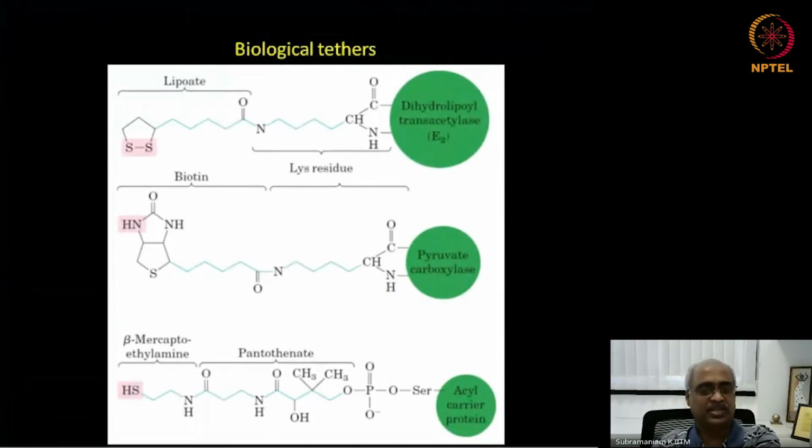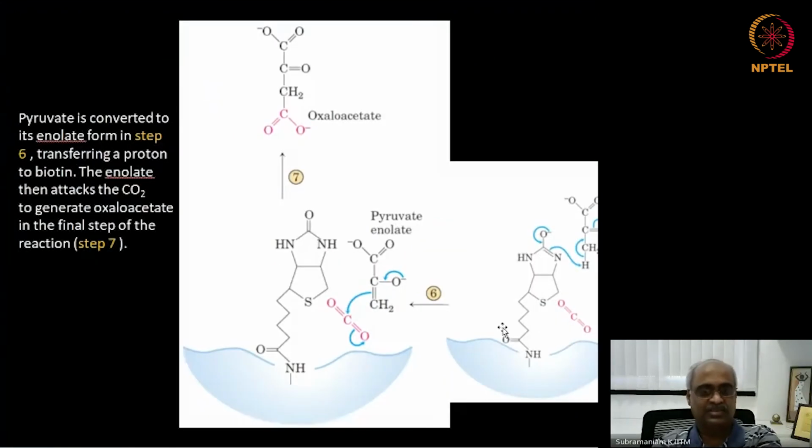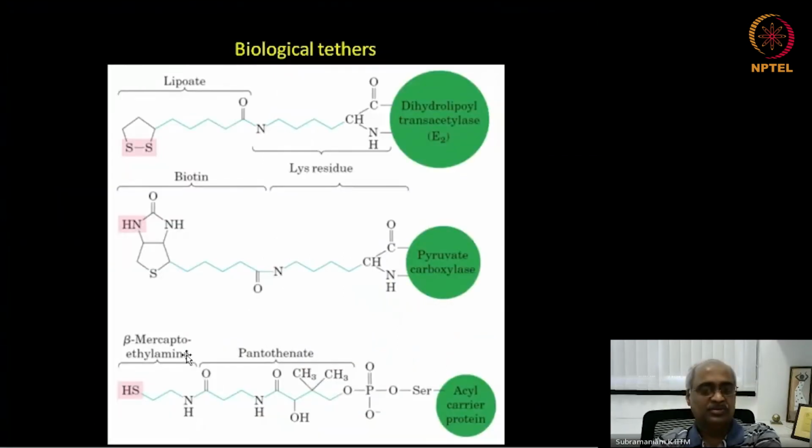That is substrate channeling. You just saw an example of substrate channeling here. This is substrate channeling from one active site to another active site. So this is the highlight on the biological tethers, because we have seen these vitamins just recently.